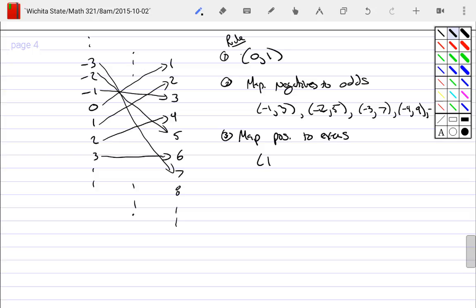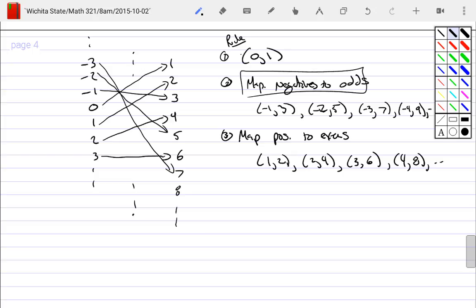That means 1 is going to 2, 2 going to 4, 3 going to 6, 4 going to 8, dot, dot, dot. You guys saw the pattern, so obviously I can put my ellipses. So that would be an ordered pair version. This would be using words. You can explain to me in words what your function does.